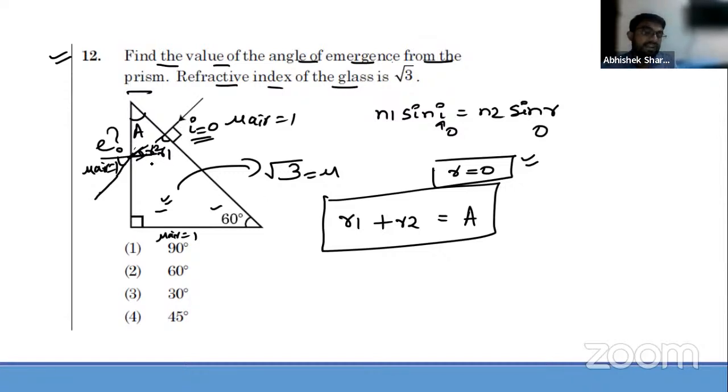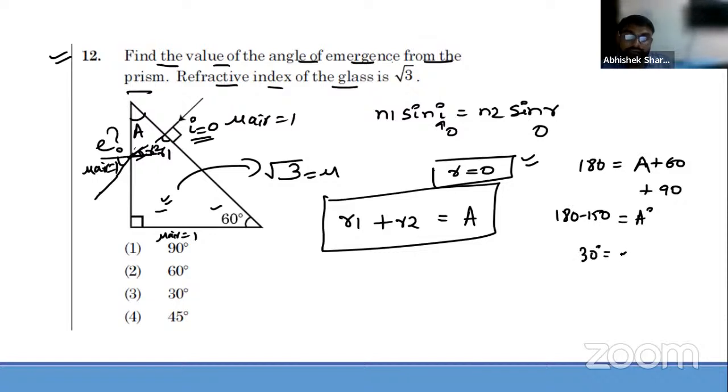The property of the triangle is 180 degrees equals the angle of prism plus 60 degrees plus 90 degrees. So 60 plus 90 is 150, 180 minus 150, the angle of prism is 30 degrees. So put 30 degrees here.